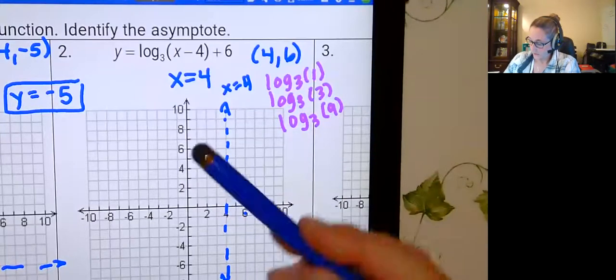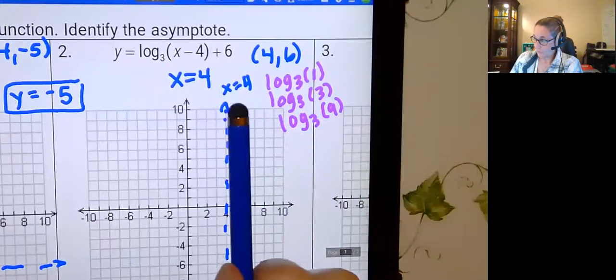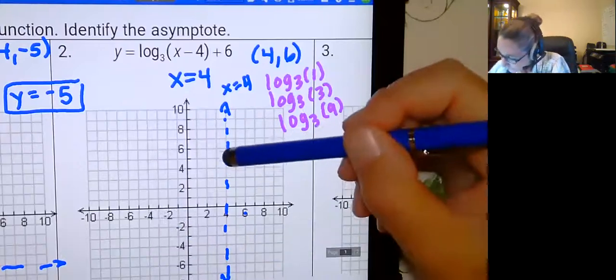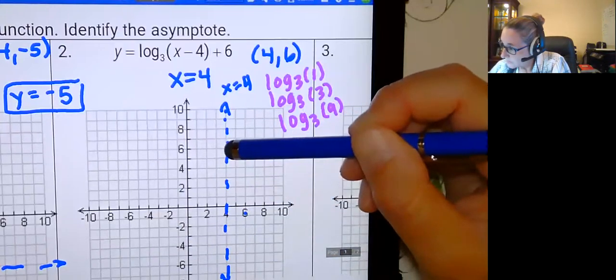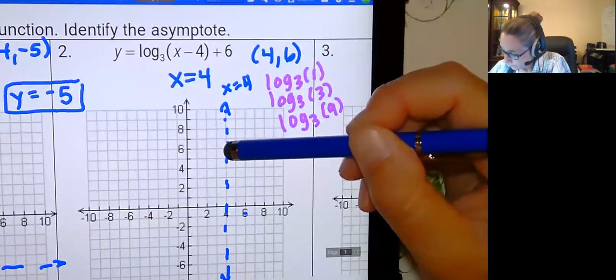So again, I have moved 4 this direction and now up 6. So I'm going to be right here, 4, 6. And then this is where I'm going to go out. 1 for log base 3 of 1, 3 for log base 3 of 3, and so on.